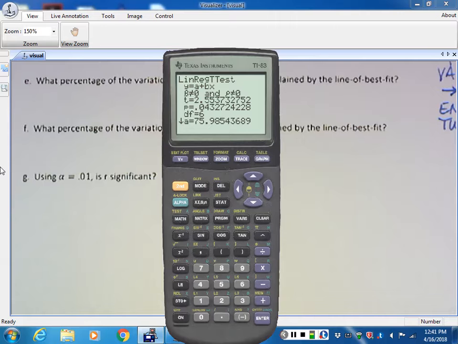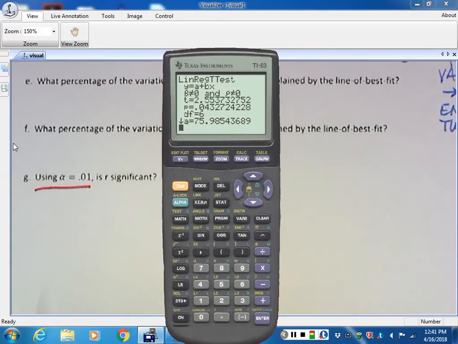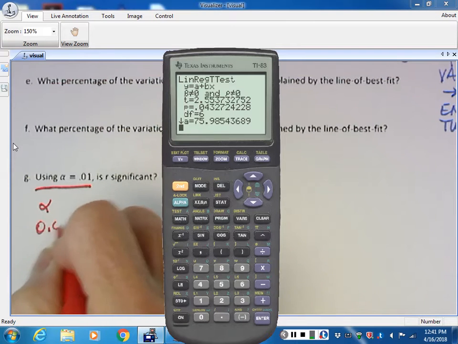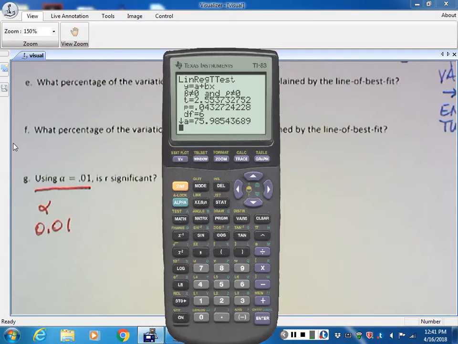The last one says, if your significance level is alpha 0.01, is the value of your correlation coefficient significant? And the way we set the test up, we were saying that it was not significant. Our p-value is 0.04. Everybody see the p-value? 0.04327242228.